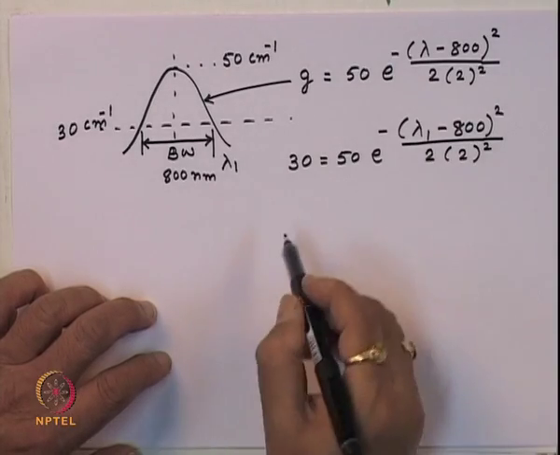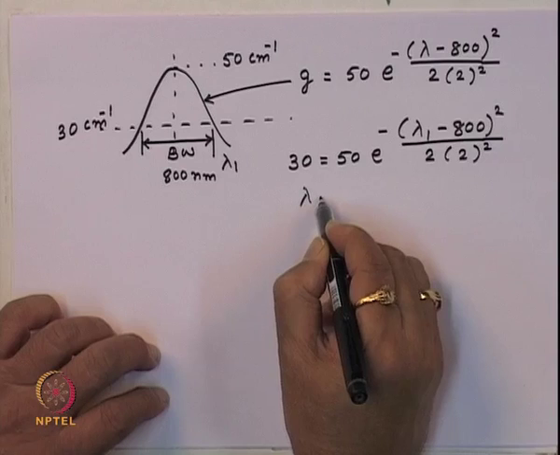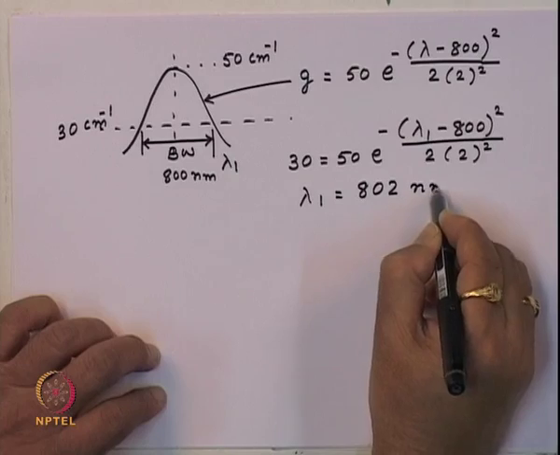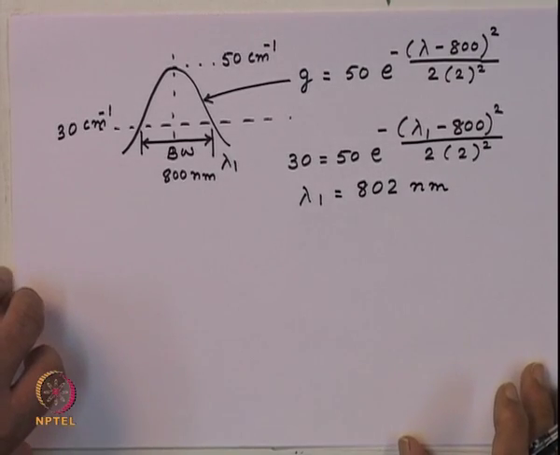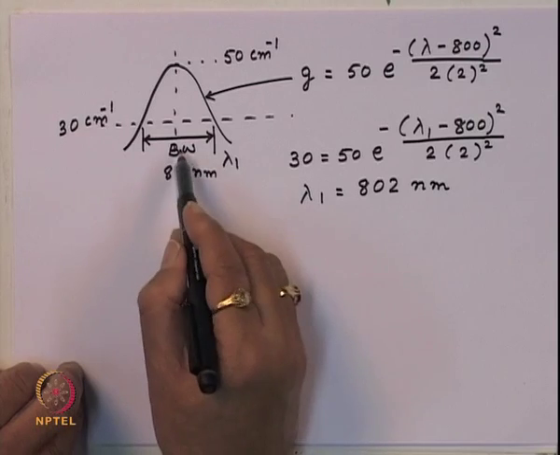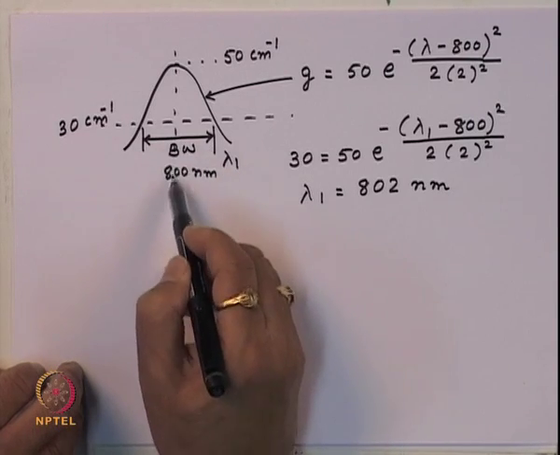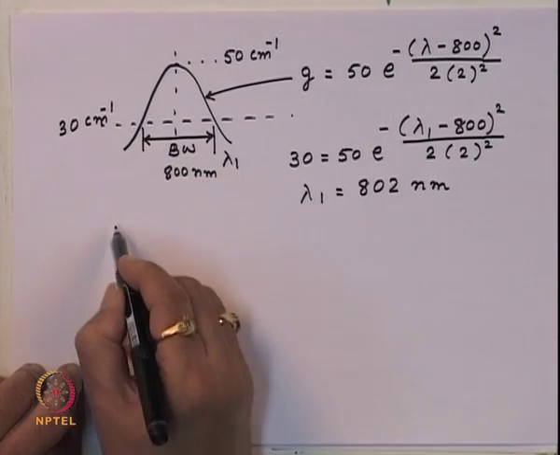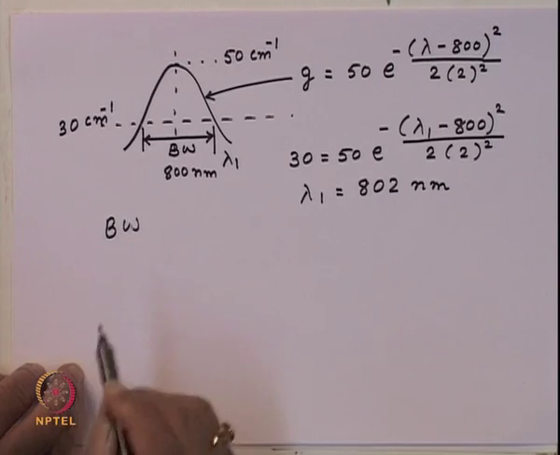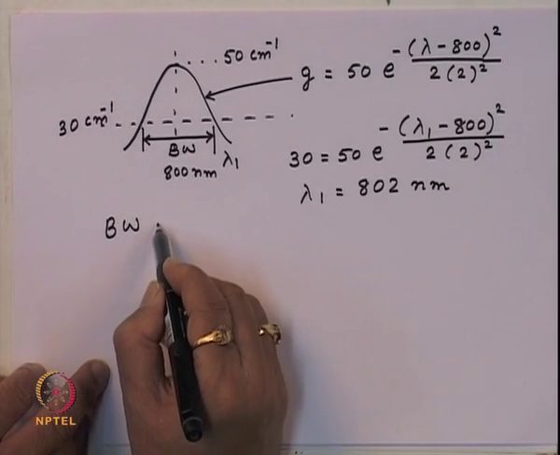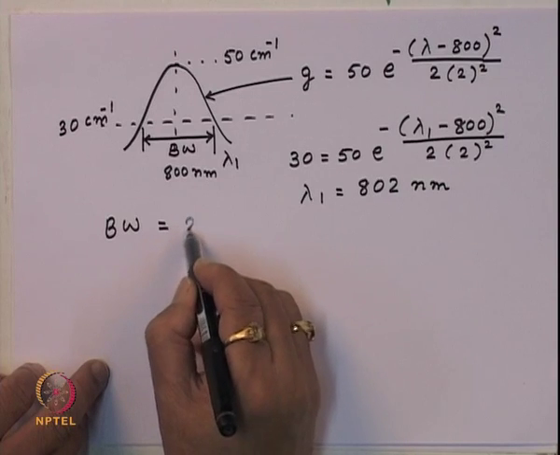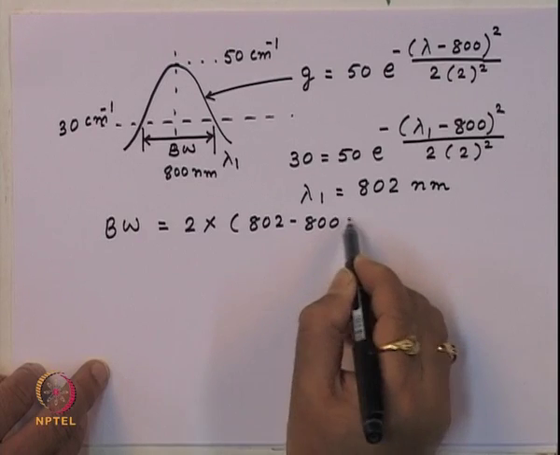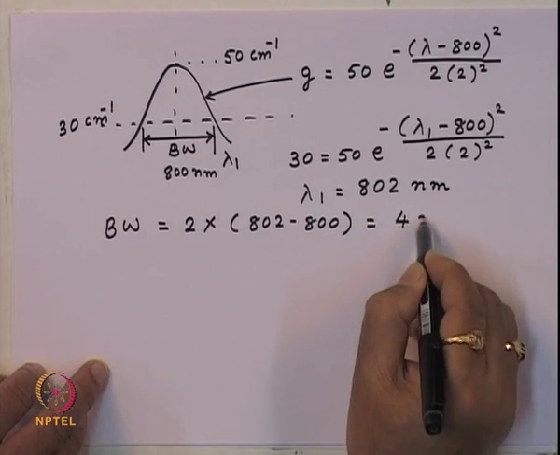By solving for lambda 1 from here, we get lambda 1 is equal to 802 nanometer. So, this quantity, 802 minus 800, is 2 nanometer here and 2 nanometer here. So, the bandwidth where the gain takes place is equal to 2 times (802 minus 800), which is equal to 4 nanometers.